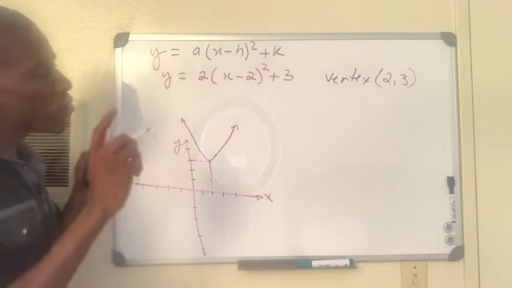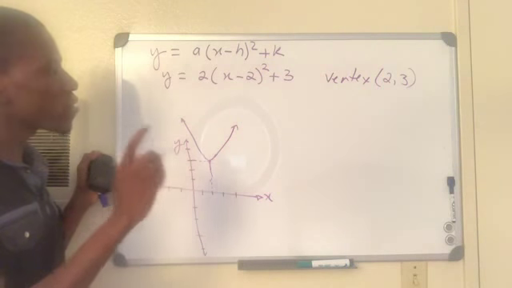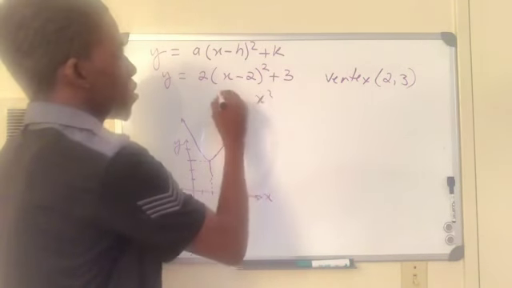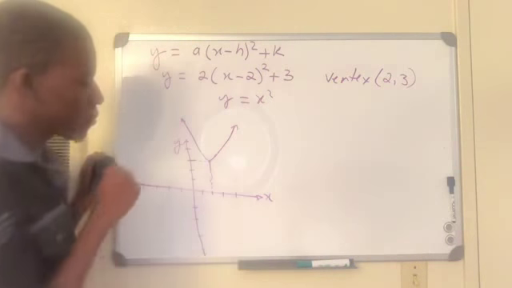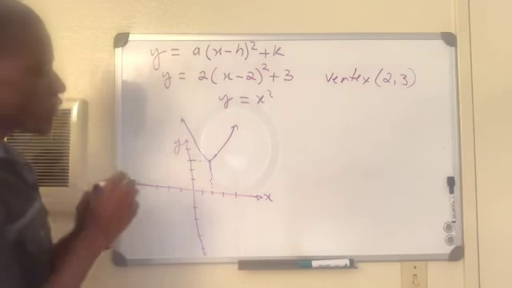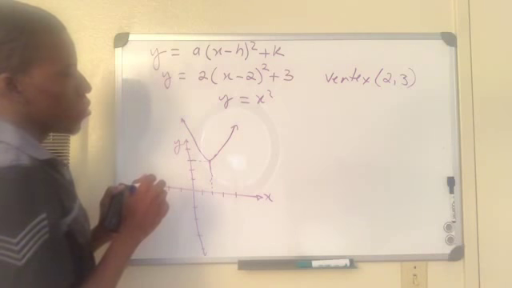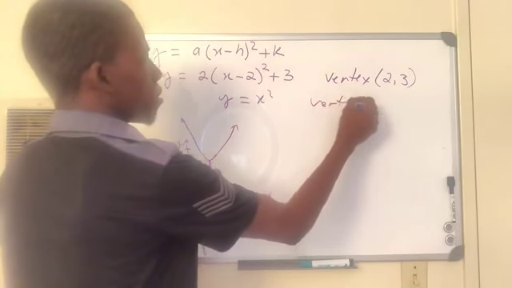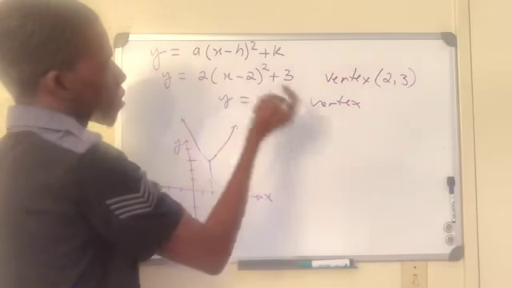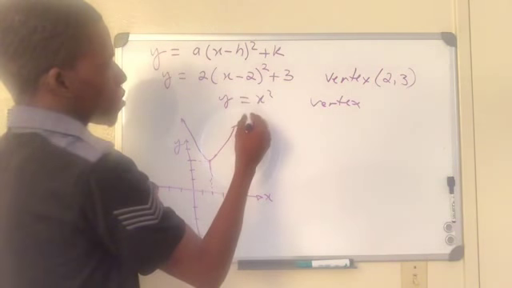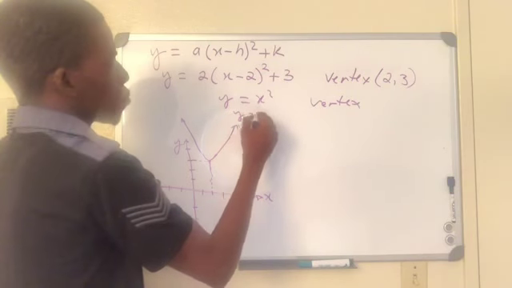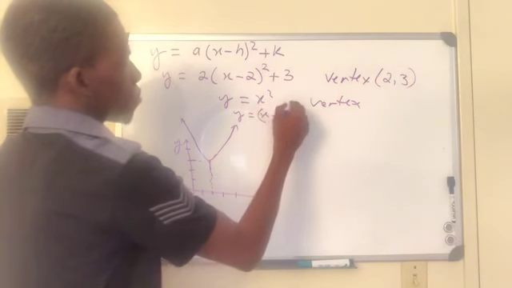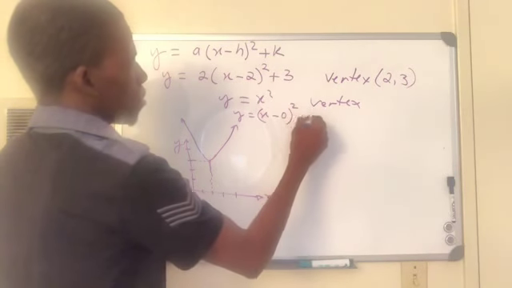Okay, so let me do the simplest one. The simplest one is x squared. Y is equal to x squared. In this example, our vertex would be, because x squared is just like y is equal to x minus 0 squared plus 0.